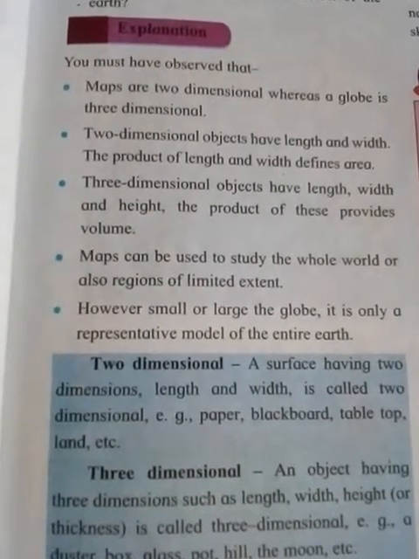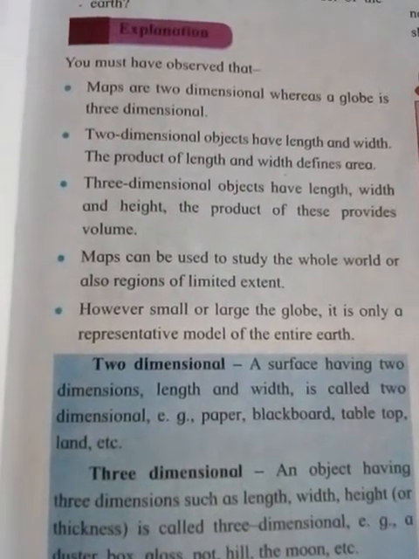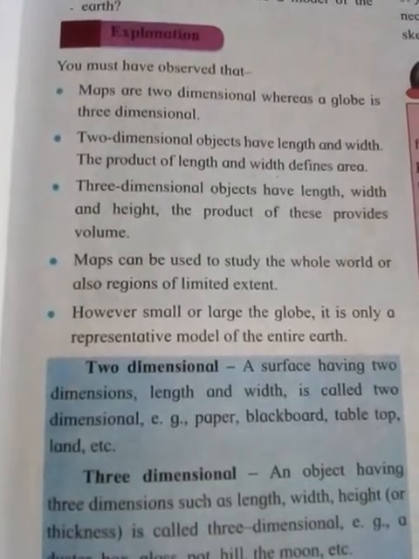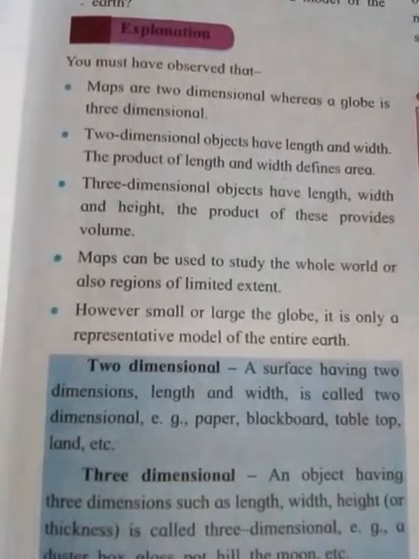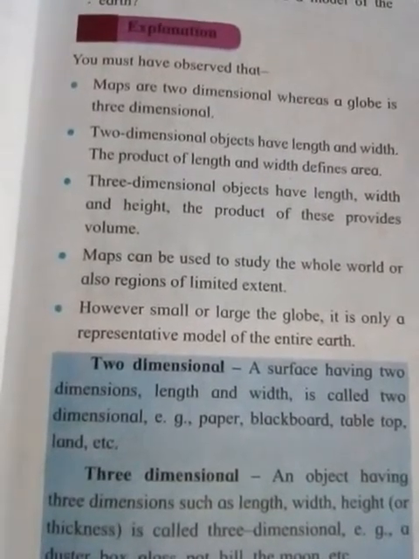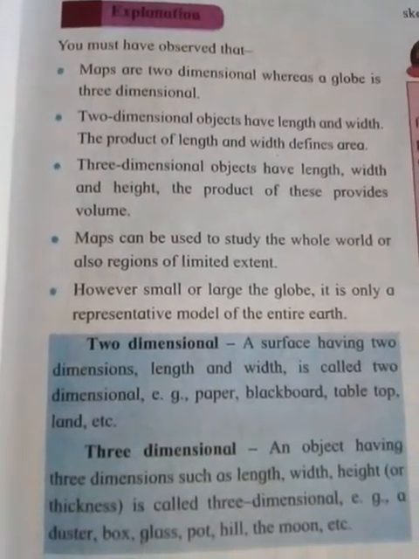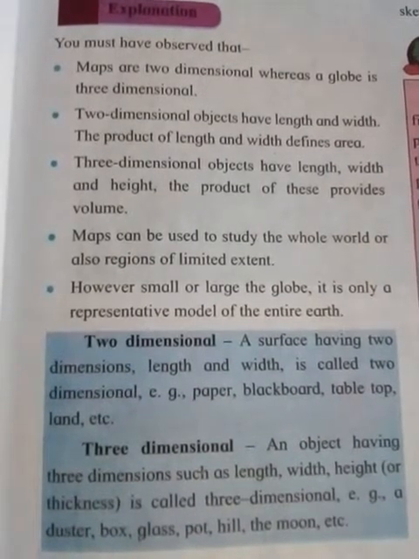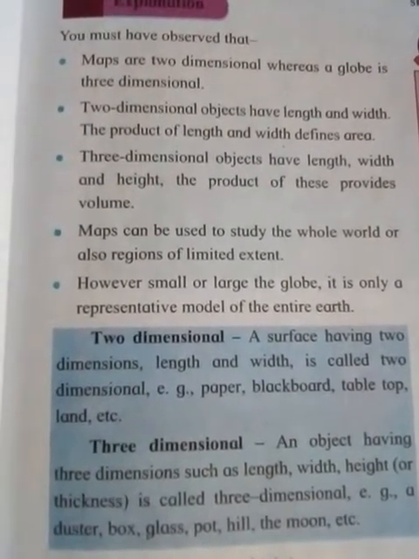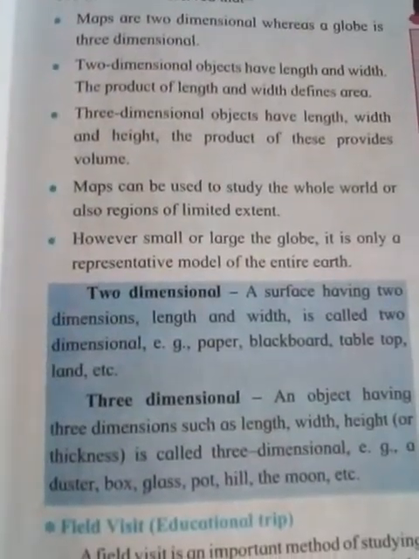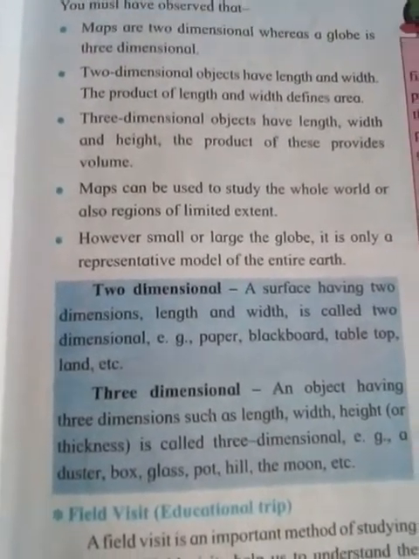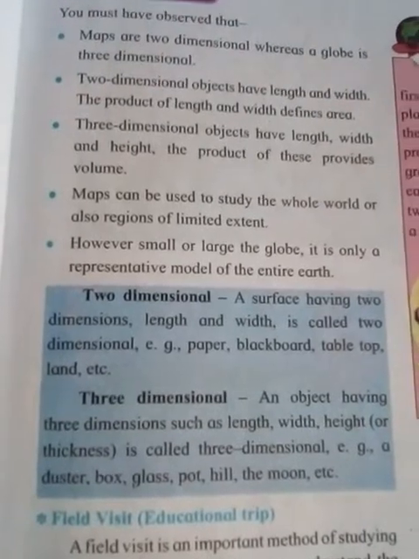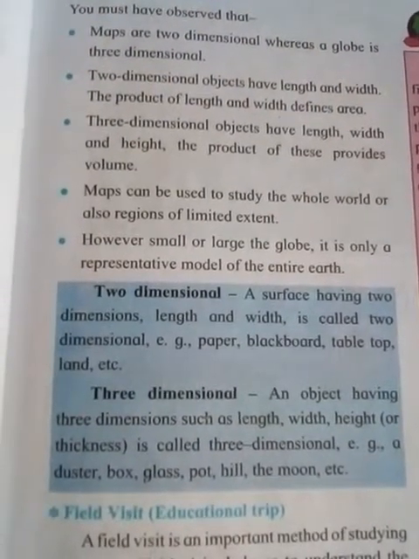However, small or large, a globe is only a representative model of the entire earth. That means the globe is only a representative model of the entire earth, but a map is useful for the study of the whole world and also regions of limited extent.